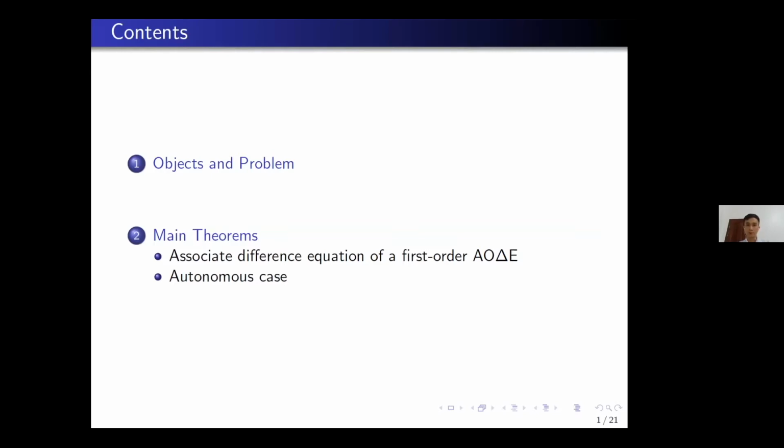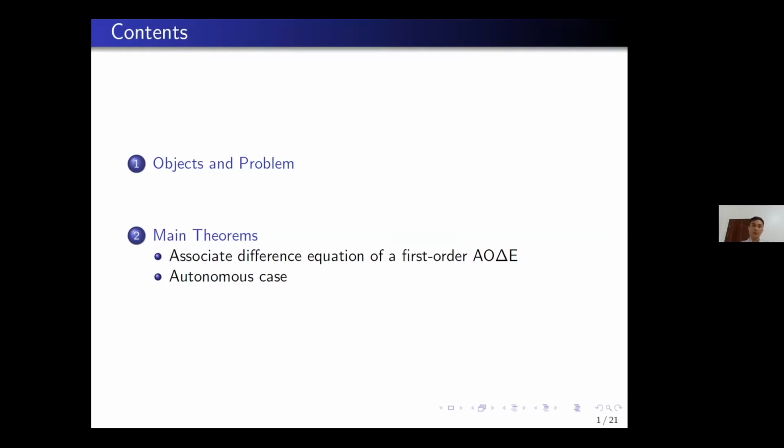The main part I will separate into two smaller parts. The first part is called the associate difference equation. That means another difference equation which looks easier, looks simpler than the original difference equation.